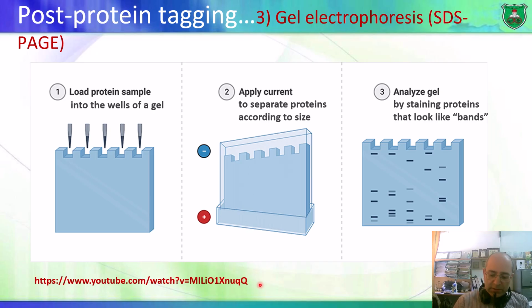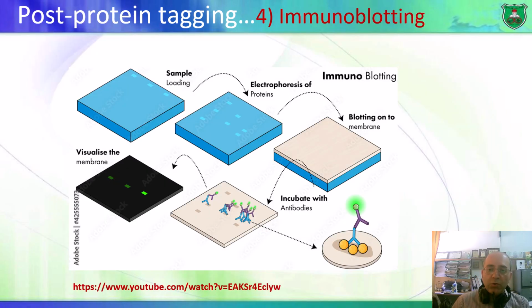Now we can take it a step further. We can do what is known as immunoblotting, just like Southern blotting. We have our proteins separated through a gel according to size.